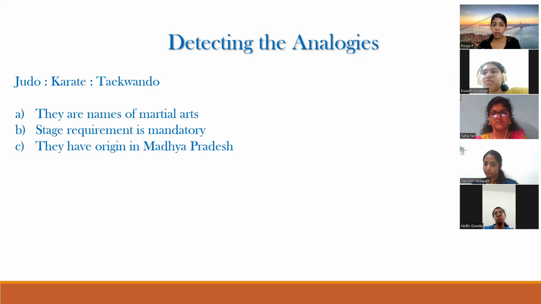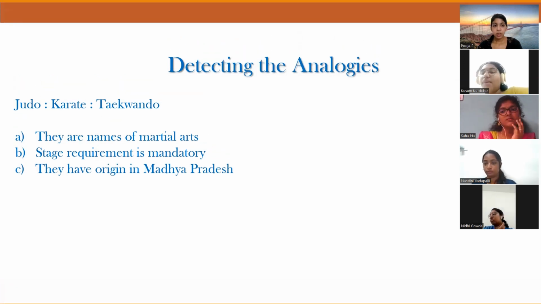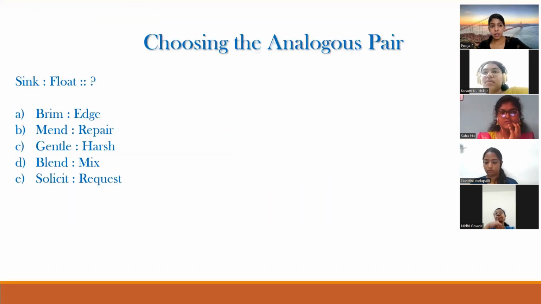For example, most of it is again foreign forms of martial arts. And coming to this question, I think I've already discussed, brim and edge have the same meaning. So it was all the same meaning. It is very evident because the given question are opposites. Only one answer was the opposite, which means the others are all synonyms.